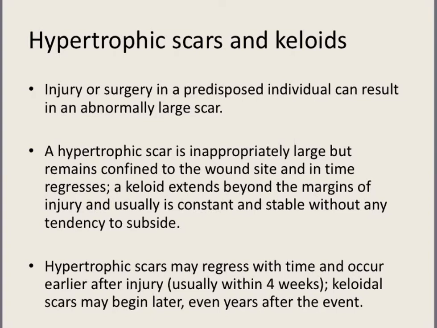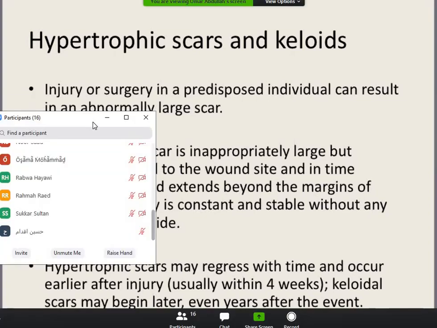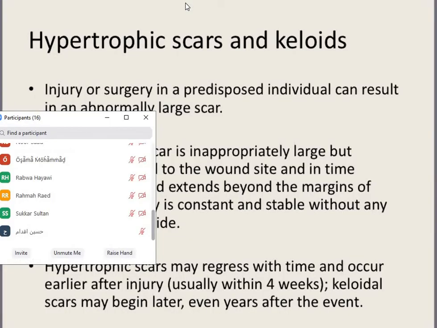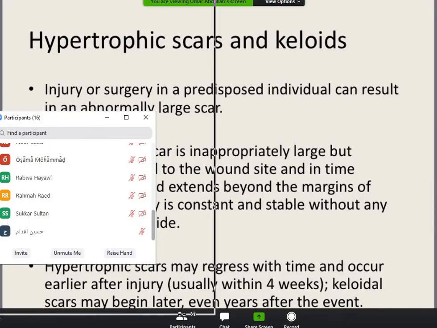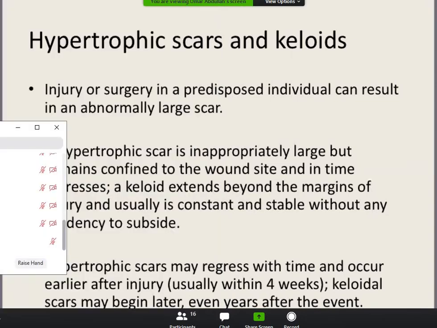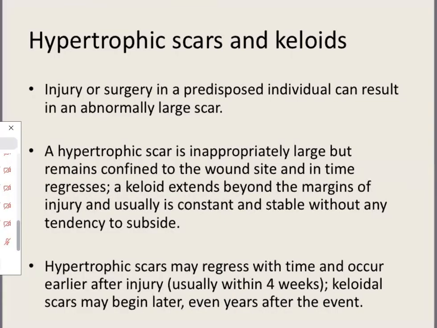So what is a hypertrophic scar? A hypertrophic scar is an abnormally or inappropriately large scar, but it remains confined to the geography of the wound. The wound has a certain shape. The hypertrophic scar is abnormally large but within the wound's borders, it does not exceed them, and it regresses with time.